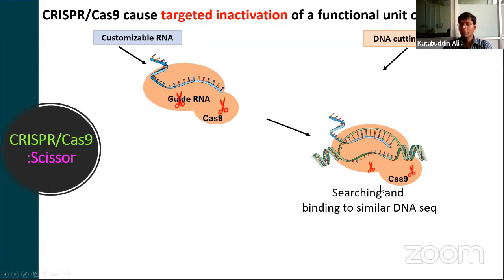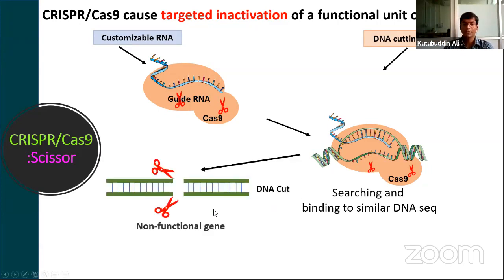Now they will search and bind to a similar DNA sequence. If they find a similar DNA sequence in the genome, they will bind there and make a double strand break. This Cas9, or this postman, has two scissors in its hand. With these two scissors, it will cut both strands of the DNA.